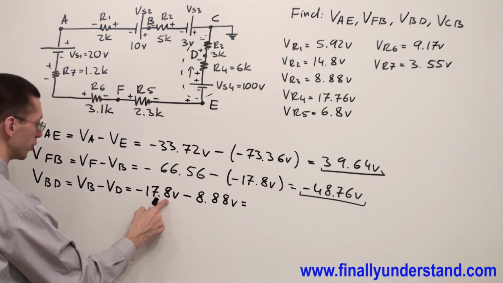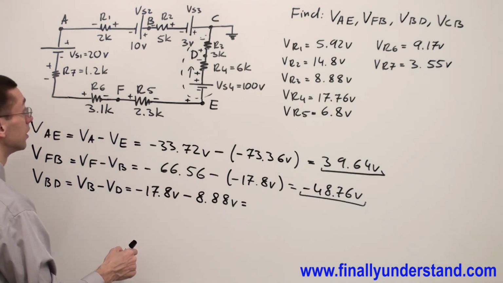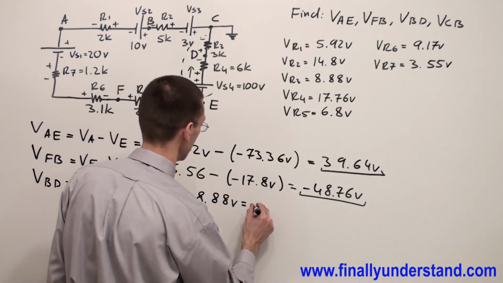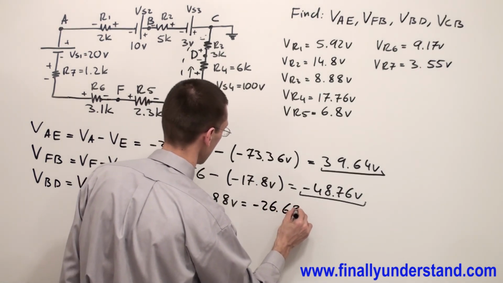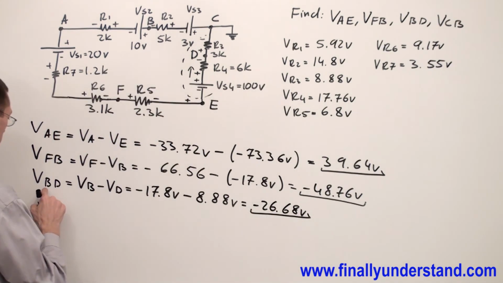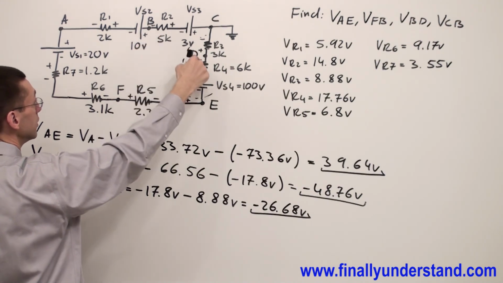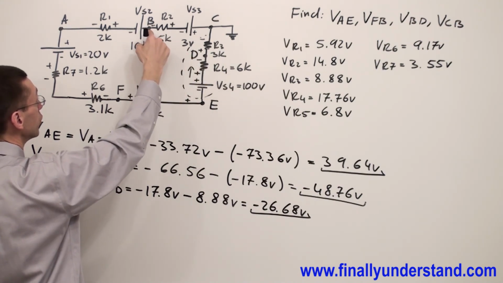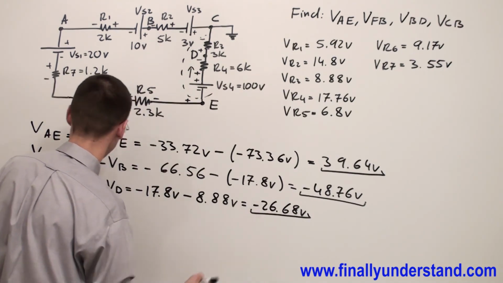Negative 17.8 minus 8.88 is equal to negative 26.68 volts. This is the voltage between point B and D. If you connect a voltmeter between these two points, you are going to measure this voltage.